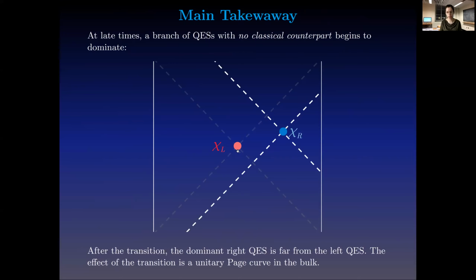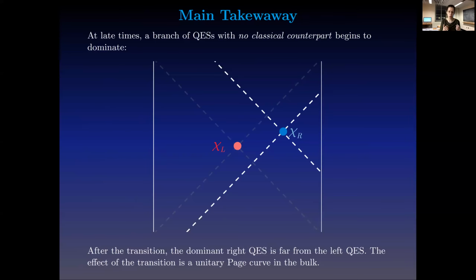So here, this χ_L is the quantum extremal surface that corresponds to the left side, which is unaffected by anything we've done to the right side. And this here is the quantum extremal surface for the right side, which changes as we evaporate the right side into the reservoir. Now, at late times, there's a new quantum extremal surface that has no classical counterpart.